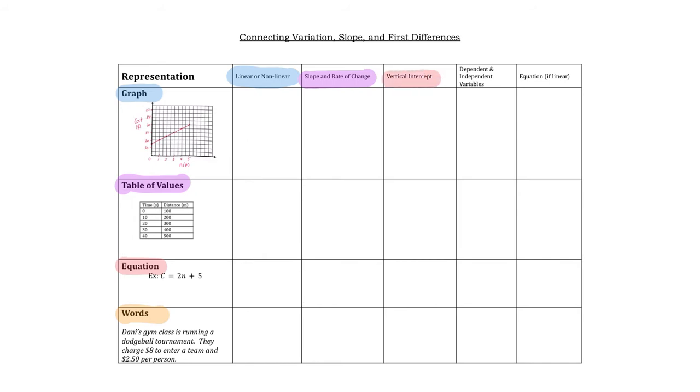We can't always say y-intercept because our vertical axis might not be a y-axis. Can you classify the dependent and independent variables? What do they represent? And then finally, if it is linear, could you build the equation for it? That's what we're going to work our way through today.